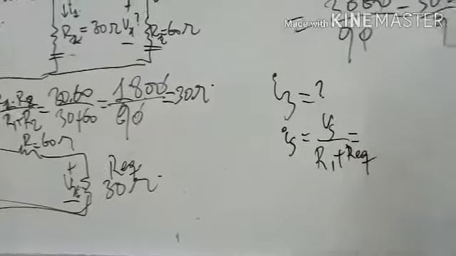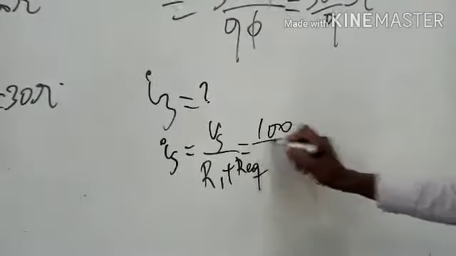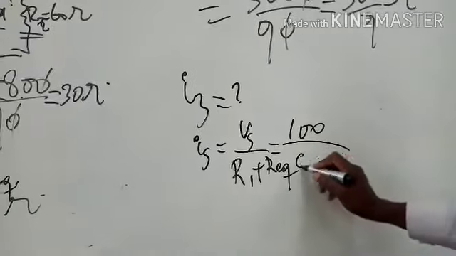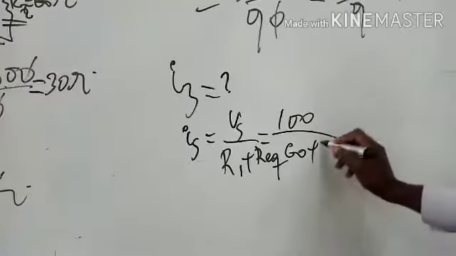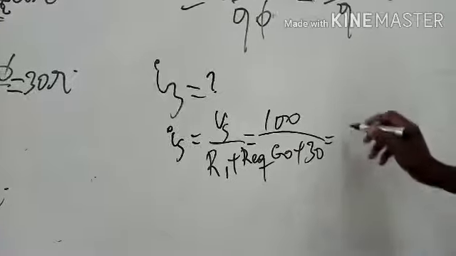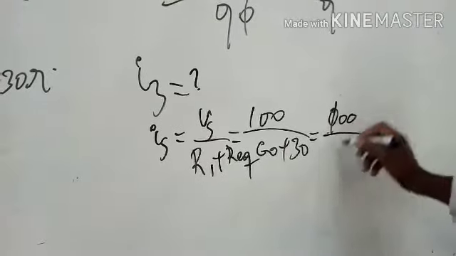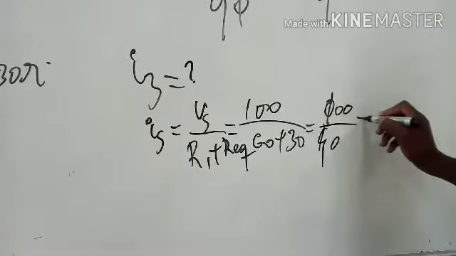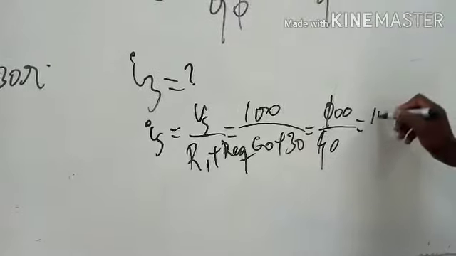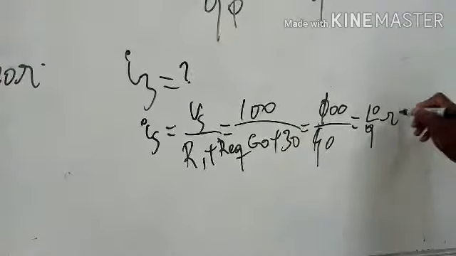Then this will be equal to 100 over 60 plus 30, and then here we get 100 over 90, which is equal to 10 over 9 ohm.